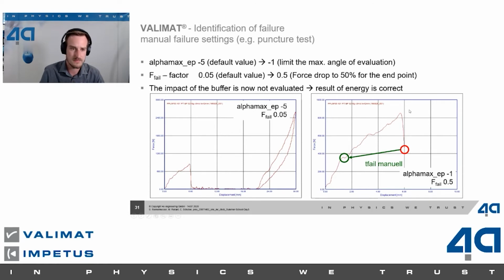What we have to do is to set the limit of the angle that we will evaluate in our pendulum test, and we have to decide a force drop to find an end of the curve. And if we decide the correct limit angle and the correct drop of the force, we get to the correct curve. I will show this in the software again.